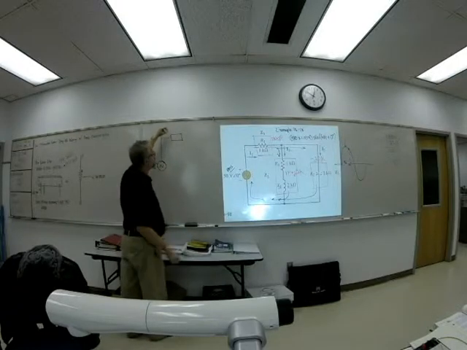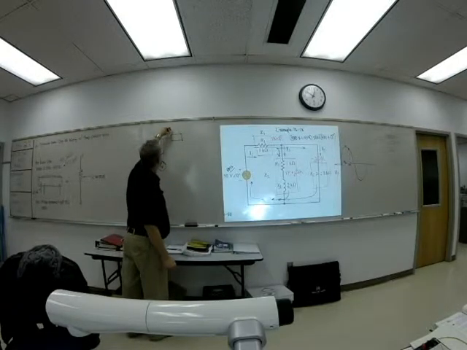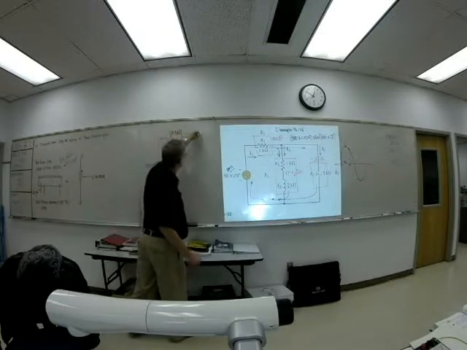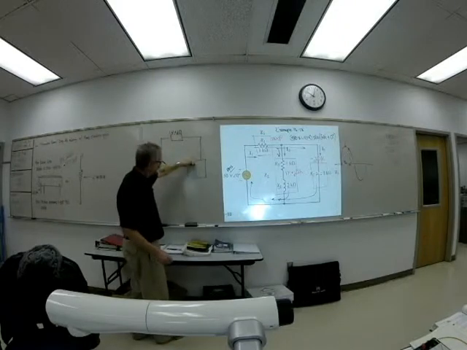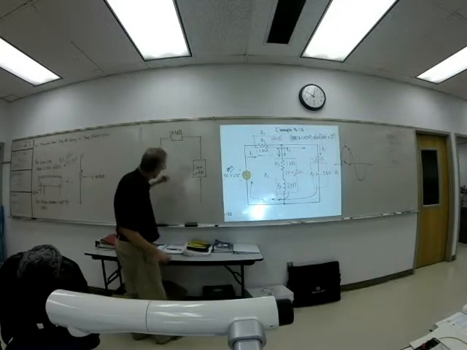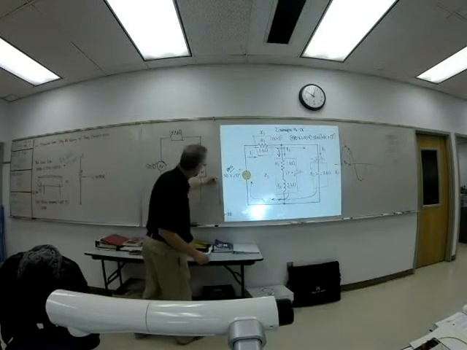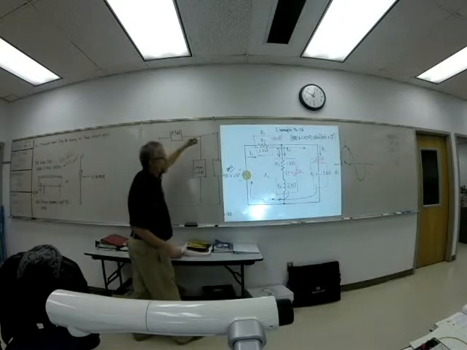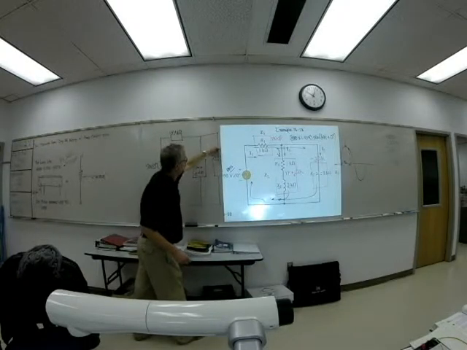This is, what did we say? 1K plus j0. This is 1K plus j2K. And this is minus j2K.